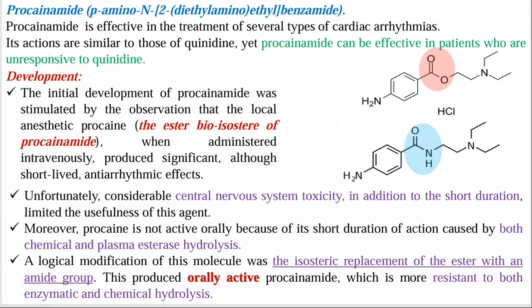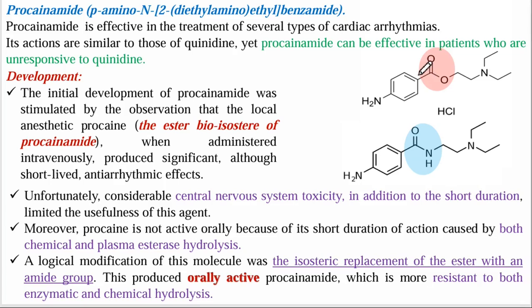There are several patients that do not respond to quinidine, so in such cases the local anesthetic procainamide is given. Now you can correlate with the structure. This is the structure of procaine, in which only this oxygen is replaced with the amide group here. So this is the structure of procainamide, which is derived from the local anesthetic procaine itself.